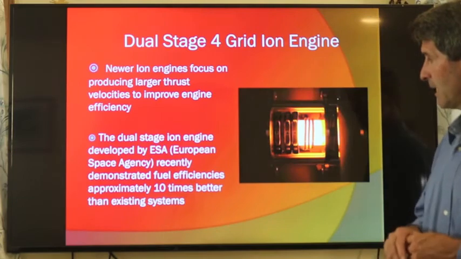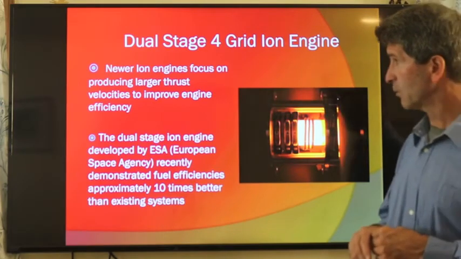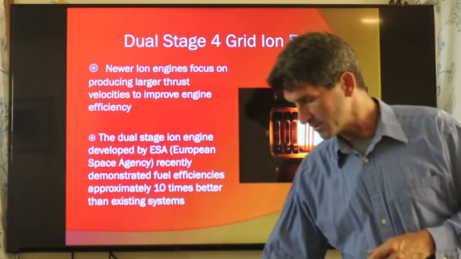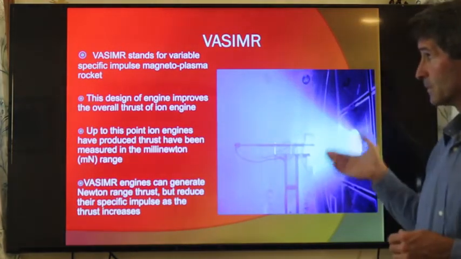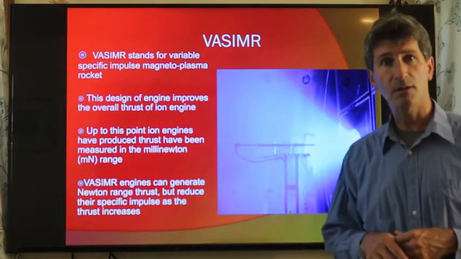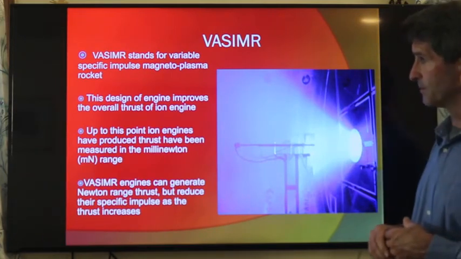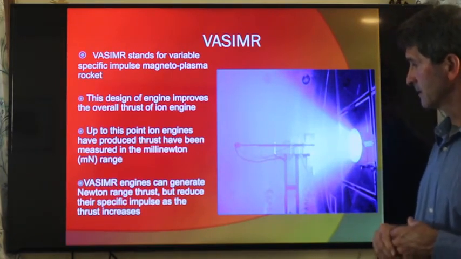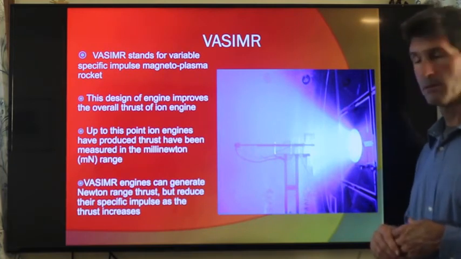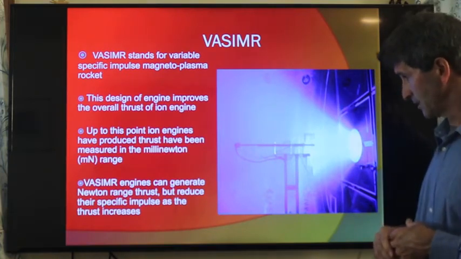Here are different types of ion engines that have been worked on. This is one that was worked on by ESA. Eventually, this VASIMR engine is supposed to be the most powerful of the types of ion engines that we can use.